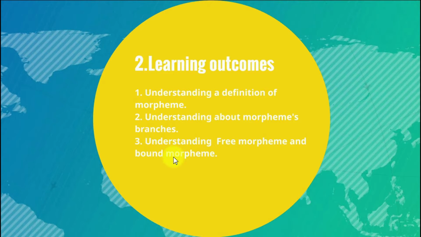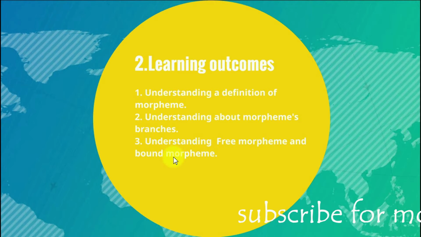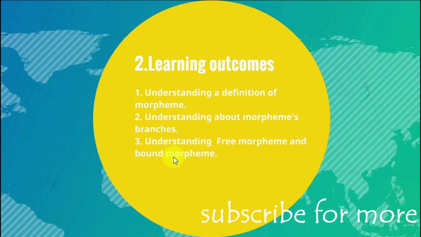I always tell my students and learners what we are going to gain after we watch these video lessons. Number one, understanding the definition of a morpheme. That is one tip you have to know if you want to learn about morphemes.